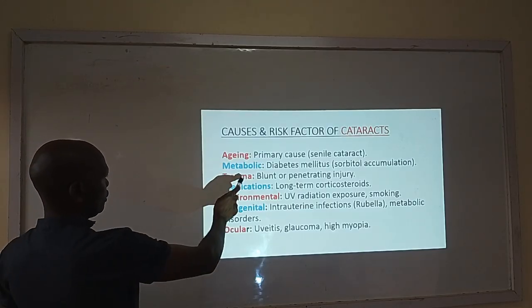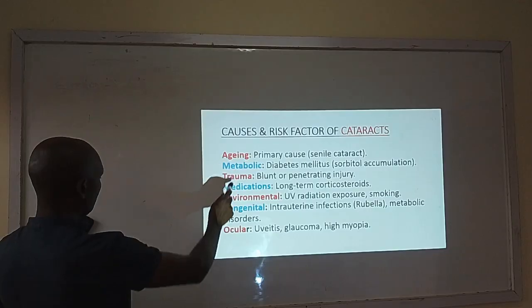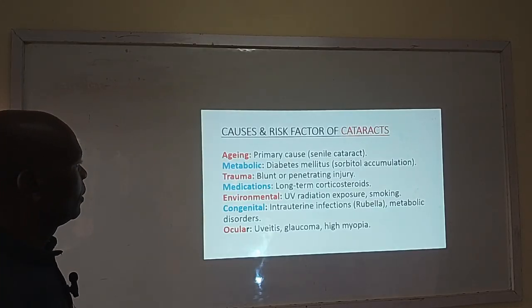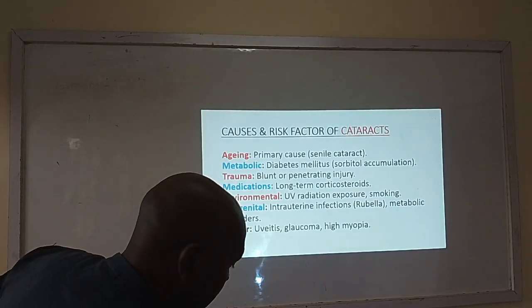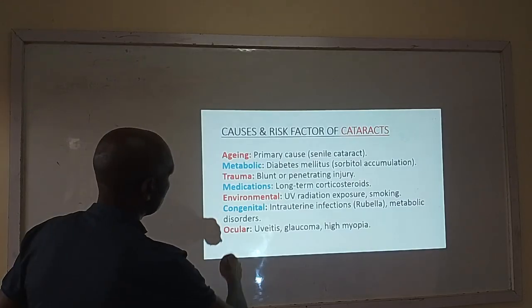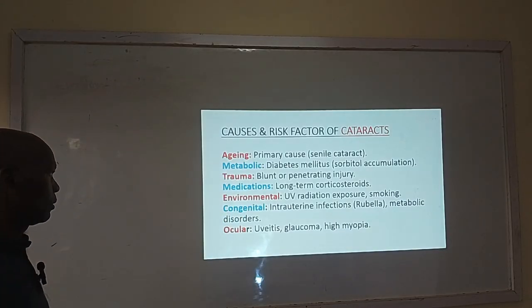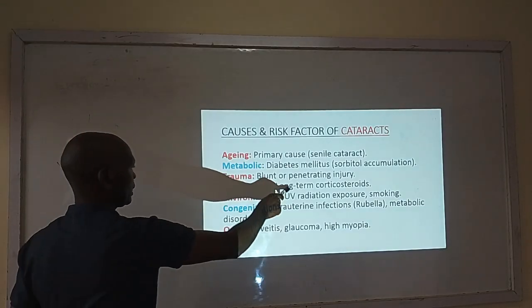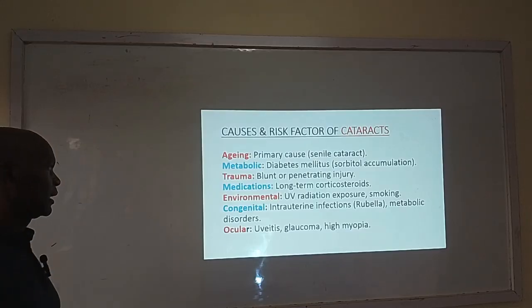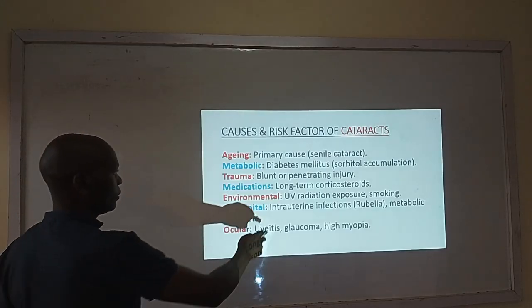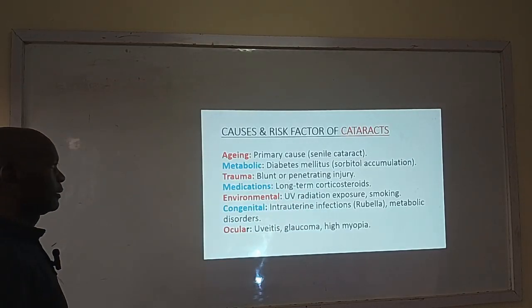So we have said aging, metabolic issues, there's also trauma. When you hit someone on the eye, it can also cause cataracts. We have issues of medications, particularly long-term use of corticosteroids.